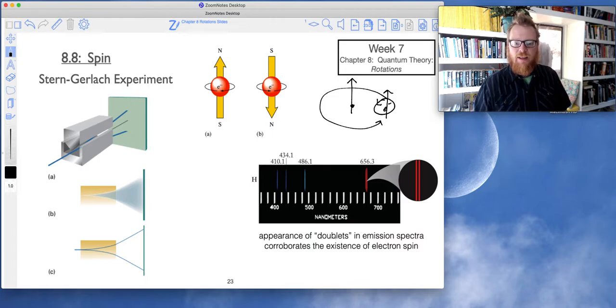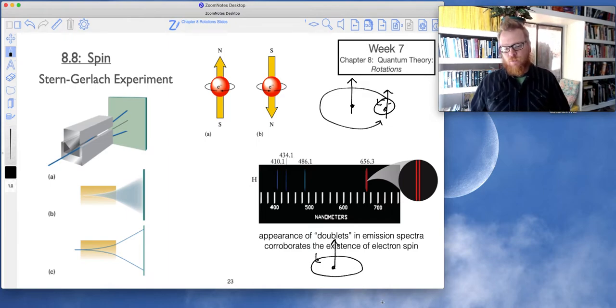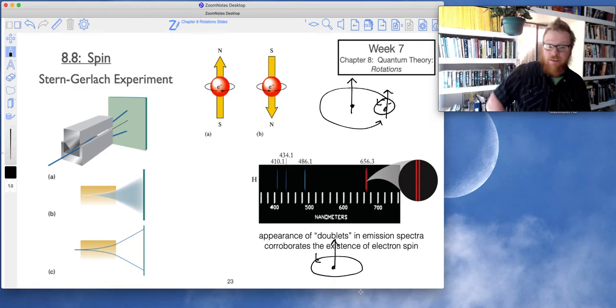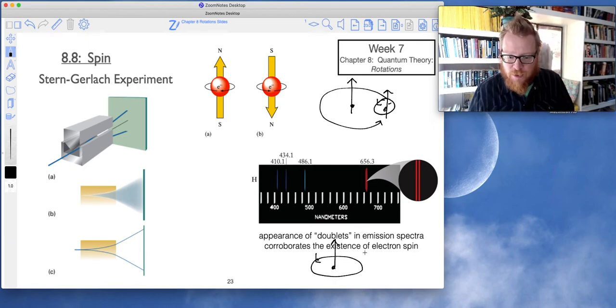But if it's spinning the other way, I'll draw that picture down here. So let's say it's still orbiting around in that orientation, to give you orbital angular momentum that points in that direction. But let's say it's a downward pointing electron, right? So it's spinning the opposite direction and pointing down.